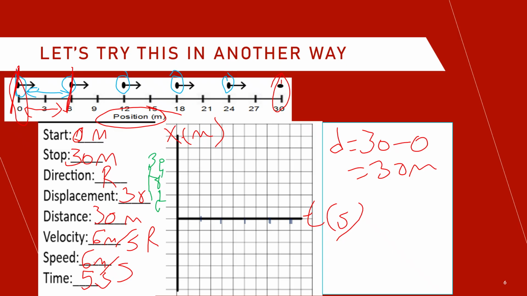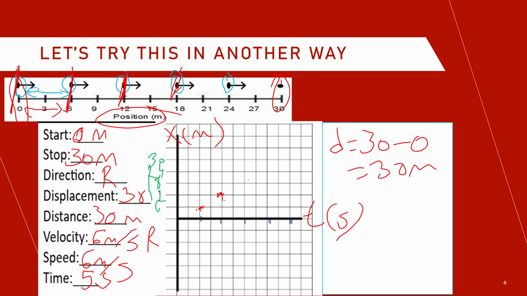Okay, so at the first second, we moved 6. Go ahead and do that. At the second, which is right here between 6 and 12, 12 and 18.